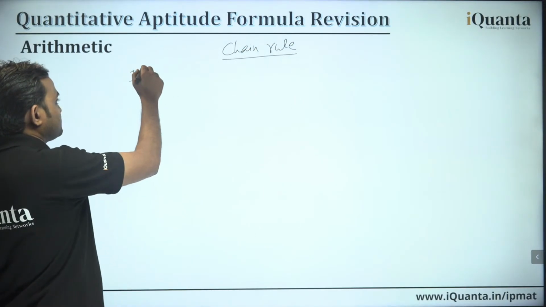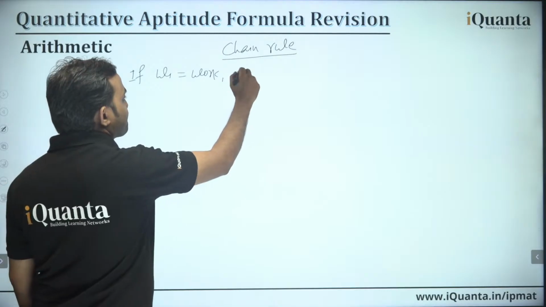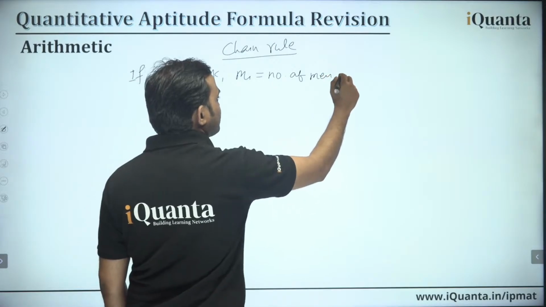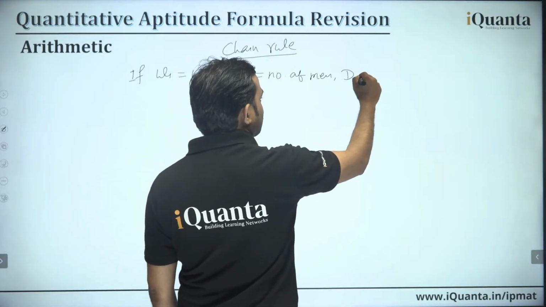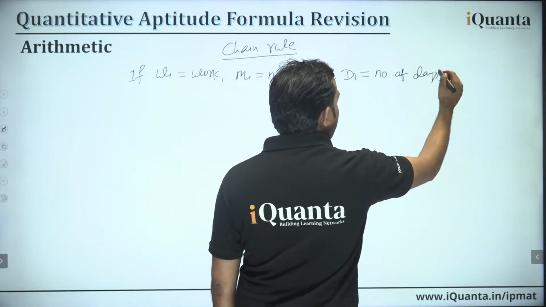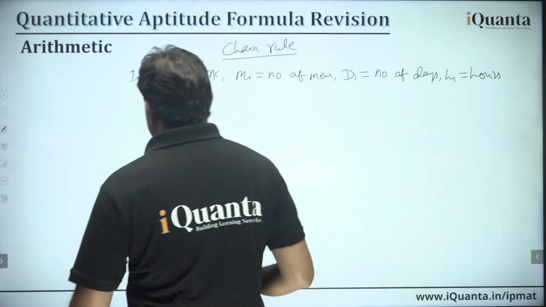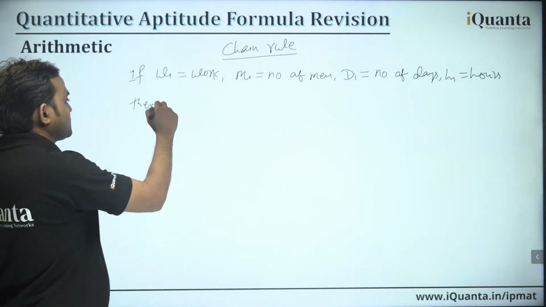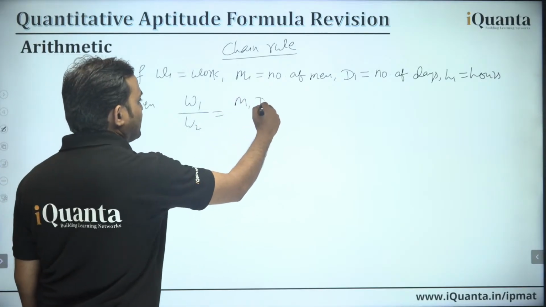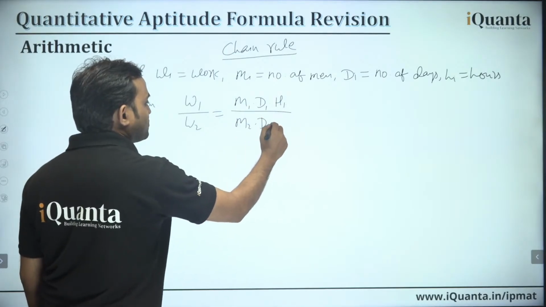So if Wi is equal to work, Mi is equal to number of men, Di is equal to number of days, and Hi is equal to number of hours, then we can say that W1 by W2 will be equal to M1 into D1 into H1 divided by M2 into D2 into H2.